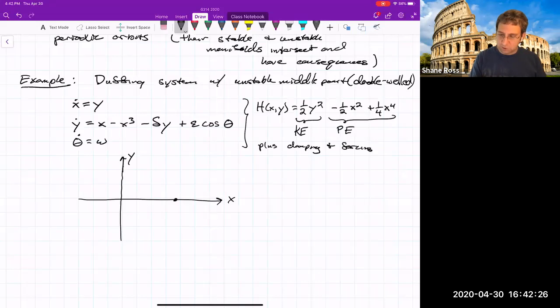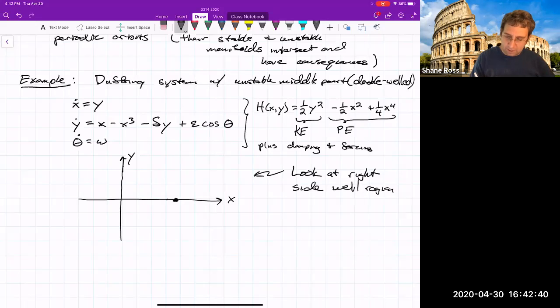This has two sides; we'll just look at the right side well. There's an equilibrium point, and energies near that equilibrium point, which is a local minimum of the Hamiltonian energy, give closed curves like that.